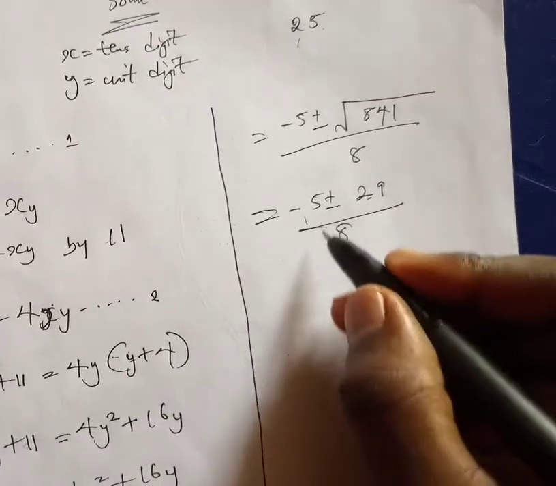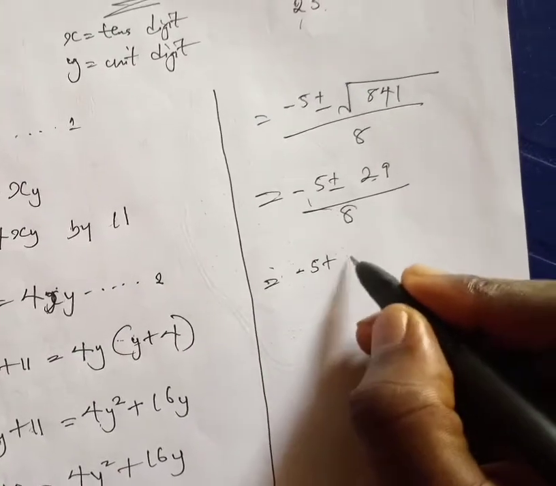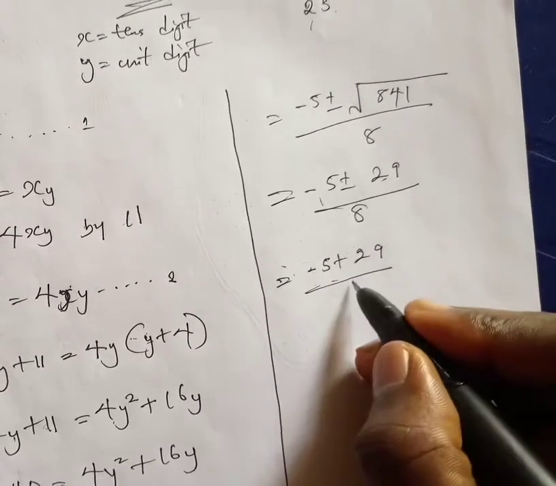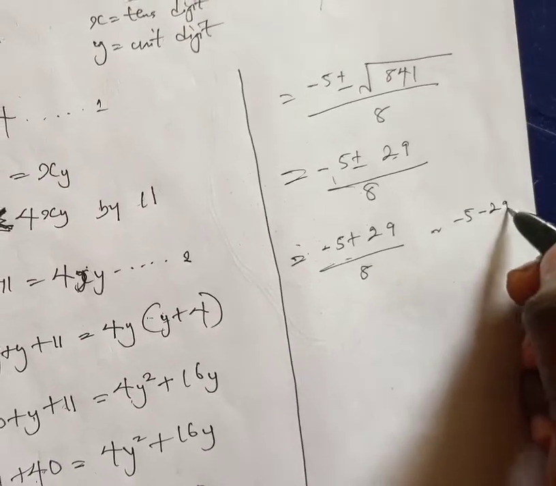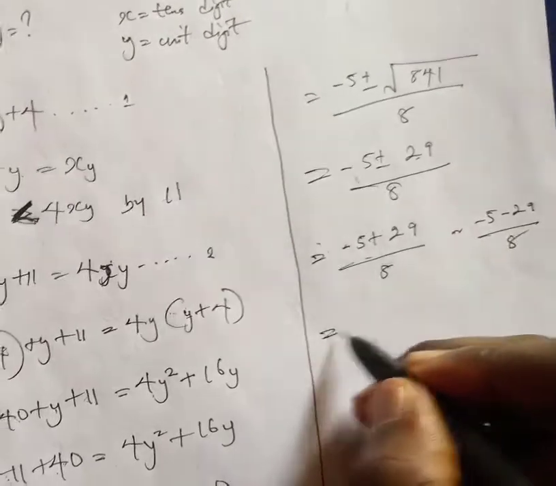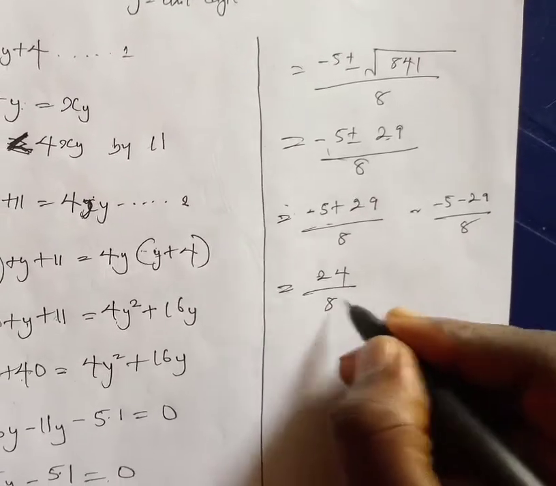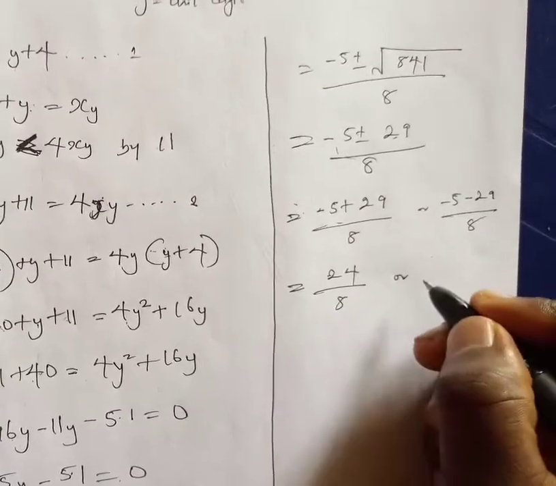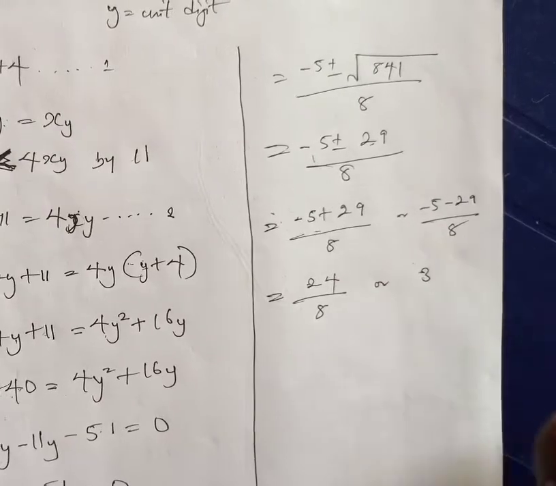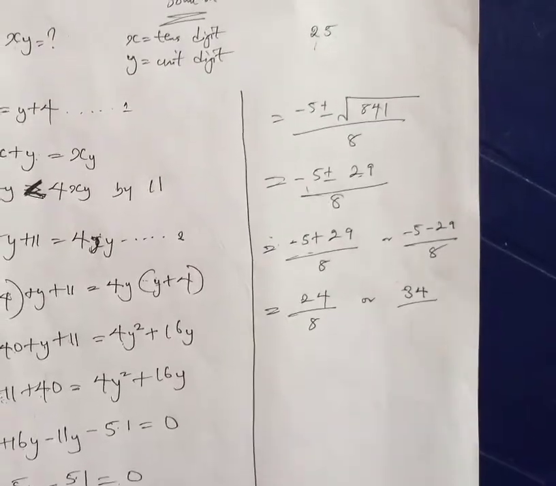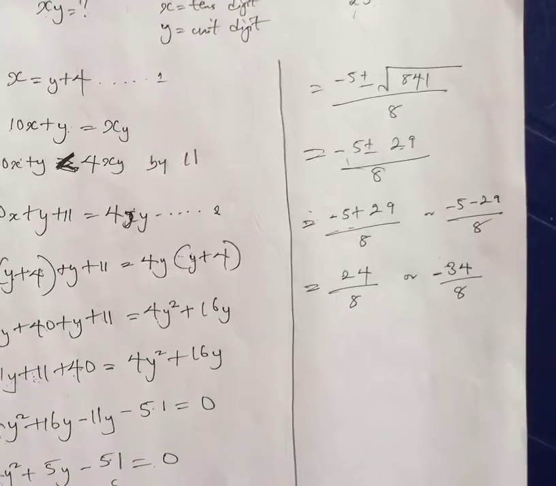Then I will have minus 5 plus 29 over 8, or minus 5 minus 29 over 8. This gives me 24 divided by 8, or this gives me negative 34 divided by 8.